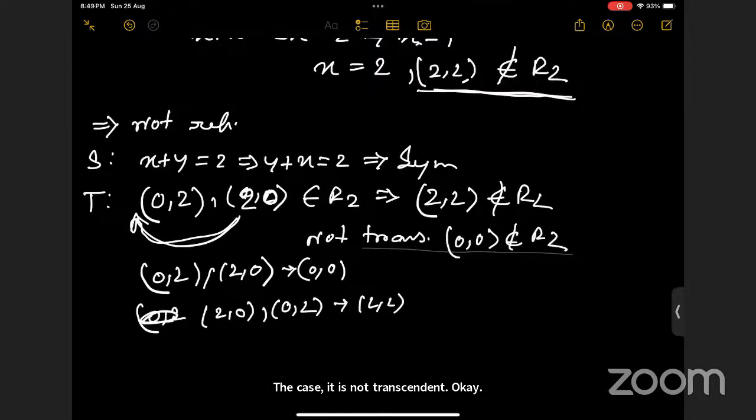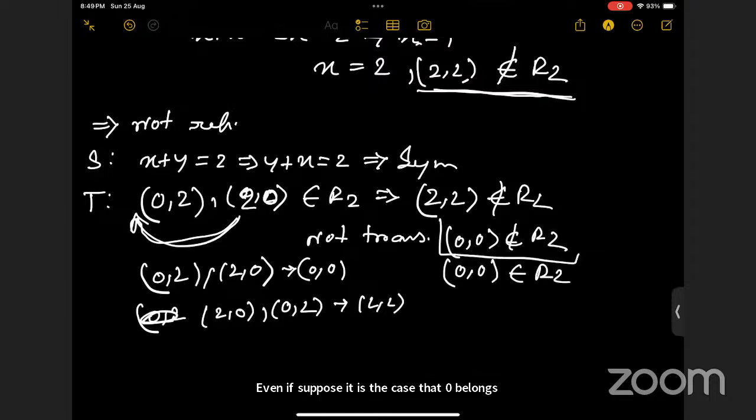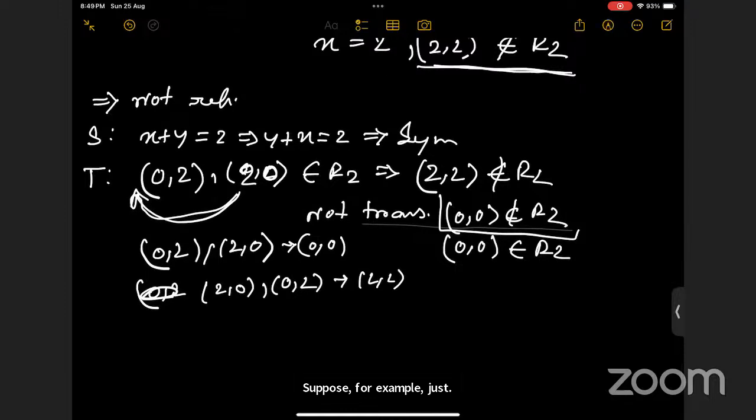Even if, suppose, (0, 0) belongs to R2, then also it will be a contradiction because of the other element. Am I clear, or do I need to explain it? It is clear.